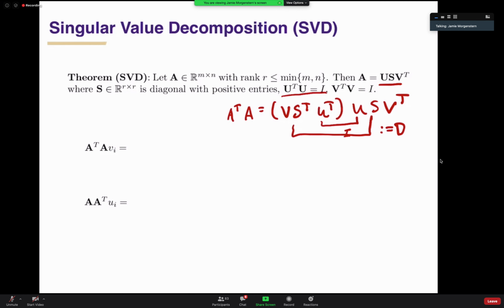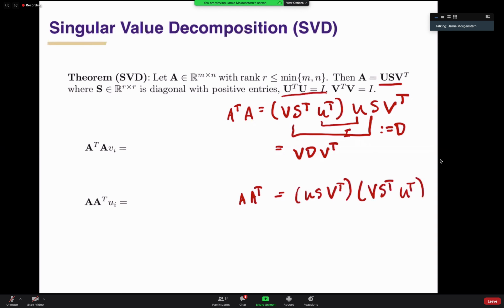And remember that S is this diagonal matrix. So S transpose S is just another diagonal matrix with the squared values on the diagonal. Then A transpose A is just equal to V D V transpose. If we do the same computation for A A transpose, we get U S V transpose times V S transpose U transpose.